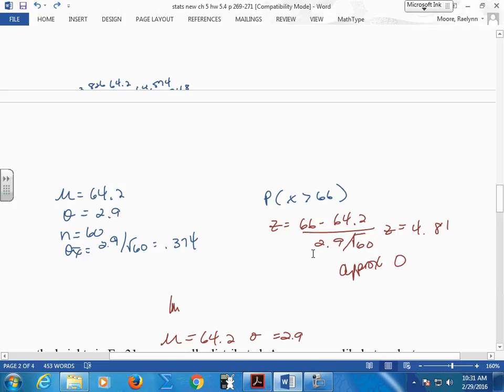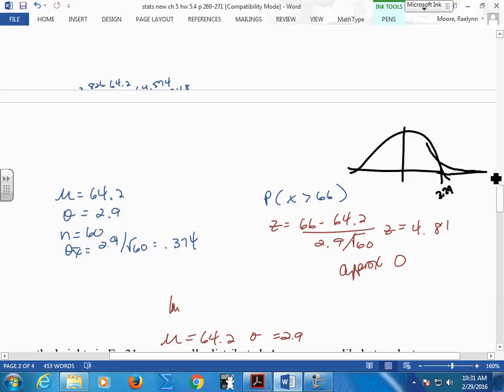So here's a good one. That must be my graph up there. When you're doing this, and you've got a z-score, here's my graph. Here's the z-score that we can go up to. This is what your table goes up to. Just because we got a z-score of 4.81, it's up here somewhere.